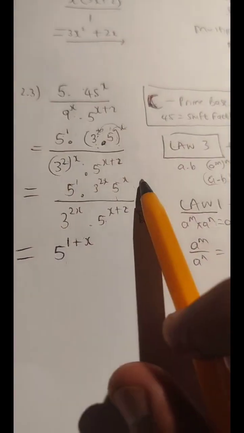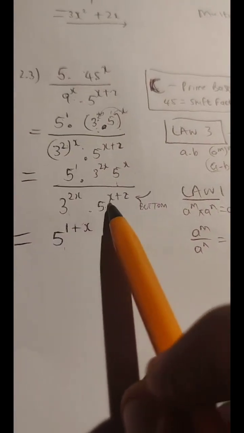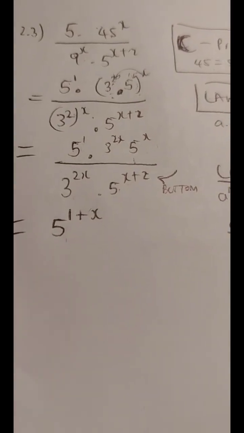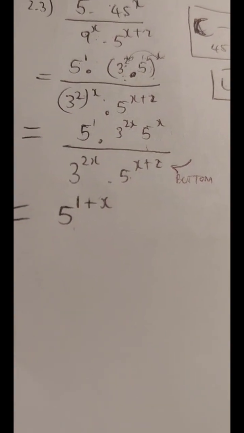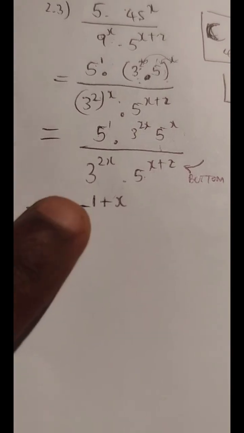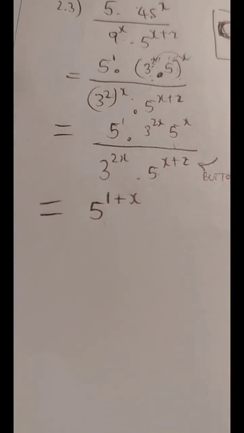We go down to the bottom. Now, when we come to the bottom, we want to take this to the top. What happens to the signs of the exponent? Anyone want to tell me? This 5 to the power 1 plus x, the x plus 2, what is going to be the signs of x plus 2 when I basically combine them with the exponents of 1 plus x?